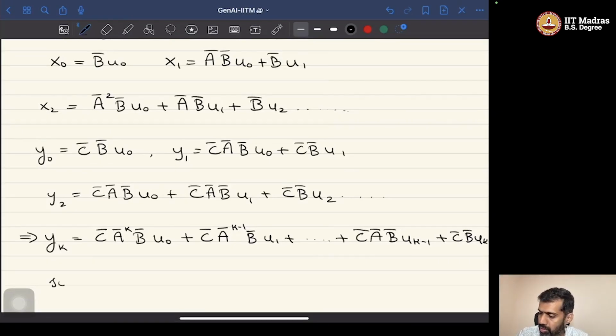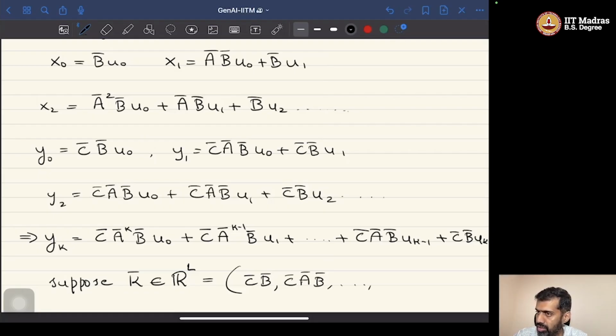Suppose K bar is an L length vector given by the following: C bar B bar, C bar A bar B bar, up to C bar A bar to the power of L minus 1 times B bar.